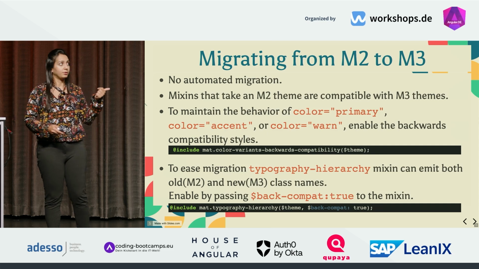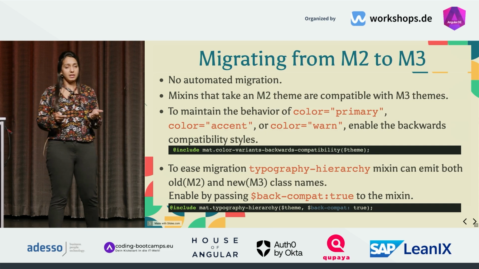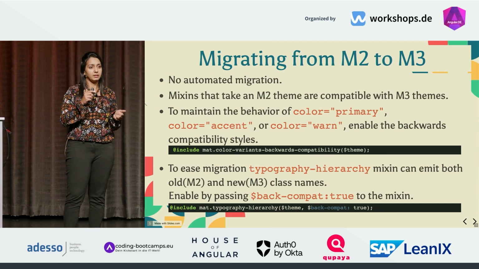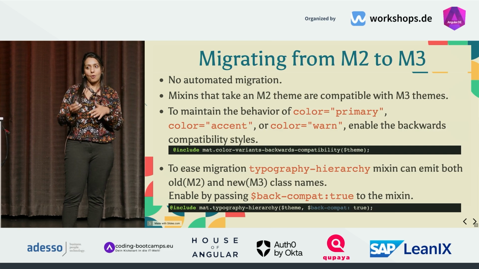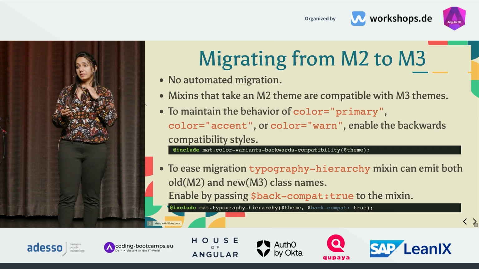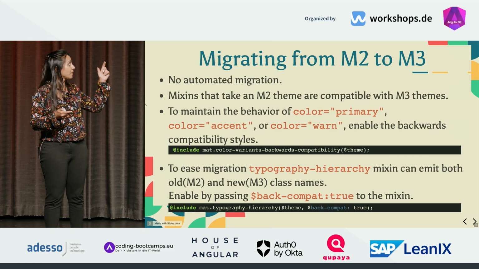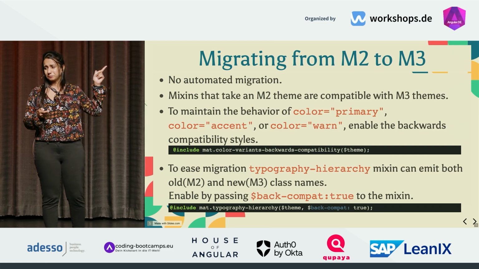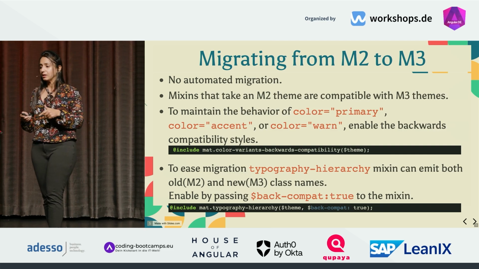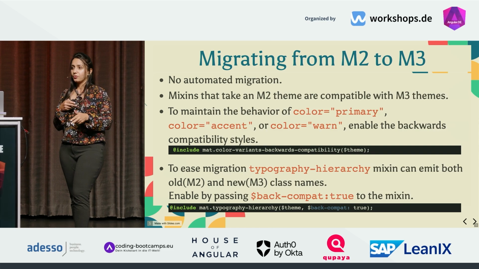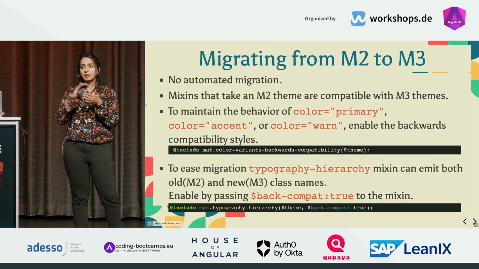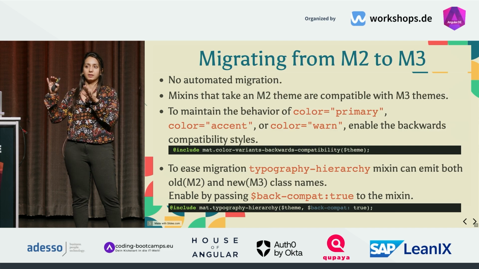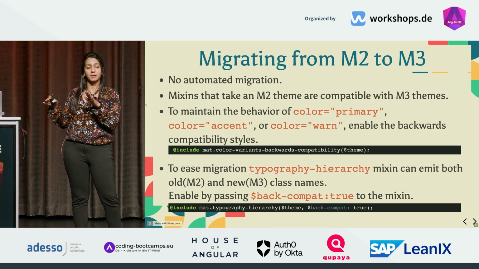So for example, one of the major differences is that instead of using the color attribute, primary, accent, or warn, they now prefer using CSS. And we'll look at the code in a bit, but for typography, they've changed the CSS classes a bit to better align with the Google Material M3 specs.